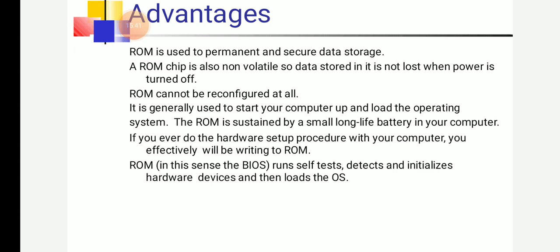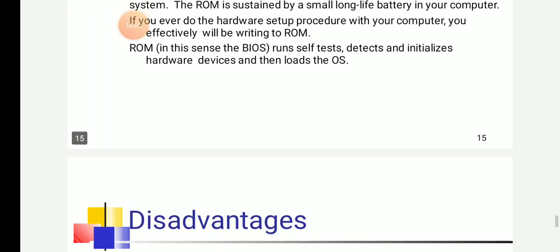If you ever do the hardware setup procedure with your computer, you effectively will be writing to ROM. ROM runs self tests, detects and initializes hardware devices, and then loads the operating system.